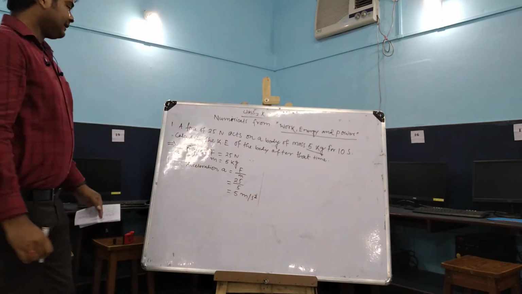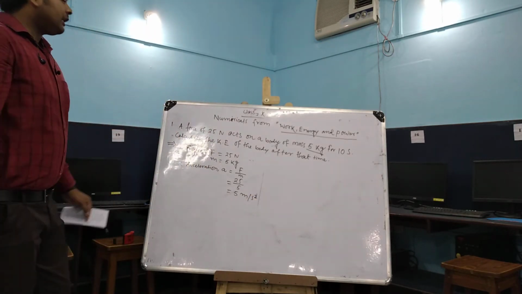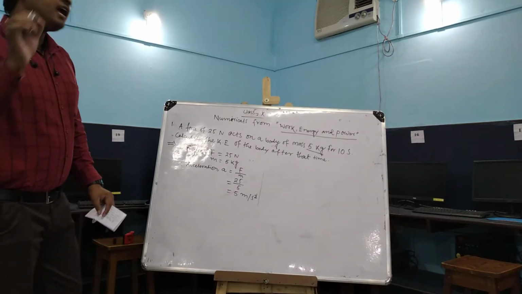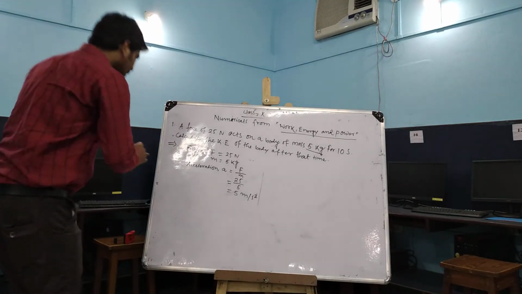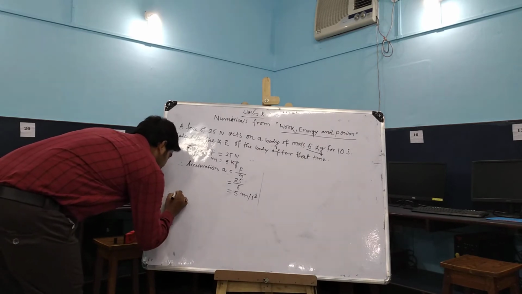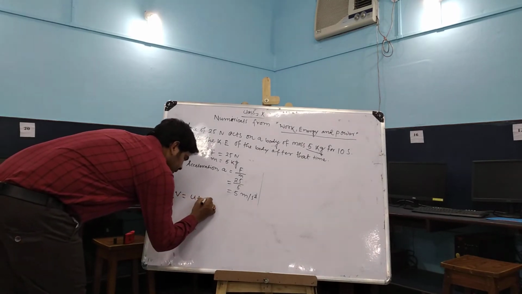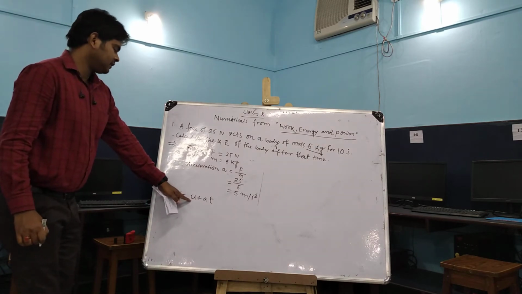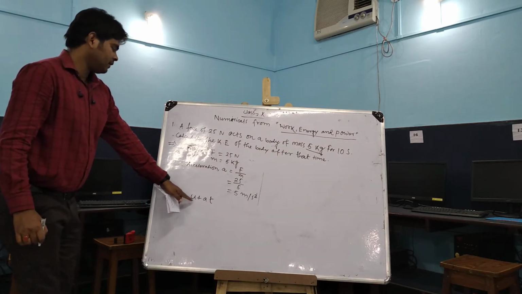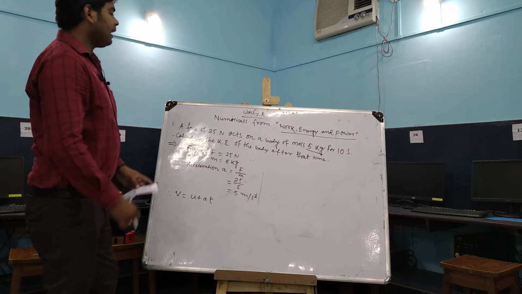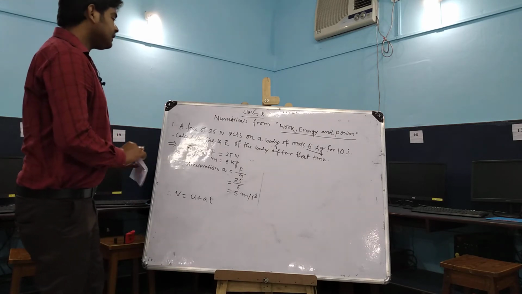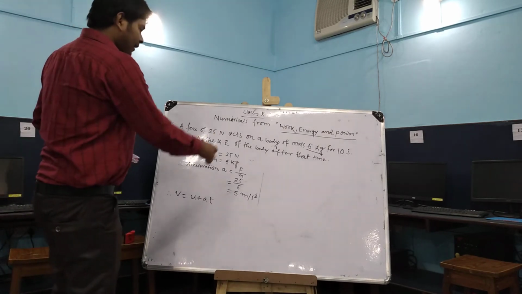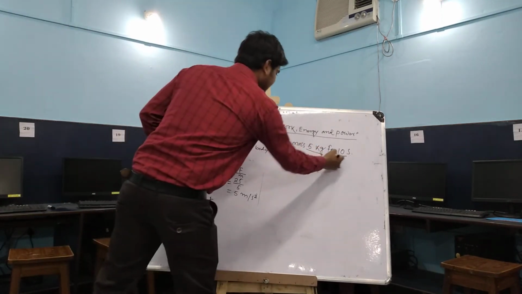This is the acceleration. Now we have to calculate the velocity. From which equation? v equal to u plus a into t. Here u is the initial velocity, a is the acceleration which we calculated, the value of acceleration is 5 and the time is given, 10 seconds.